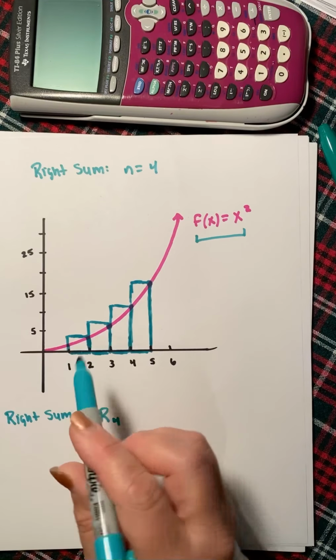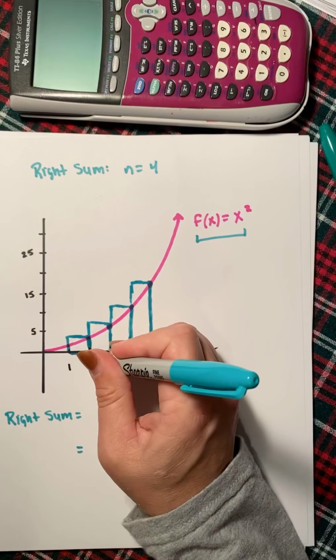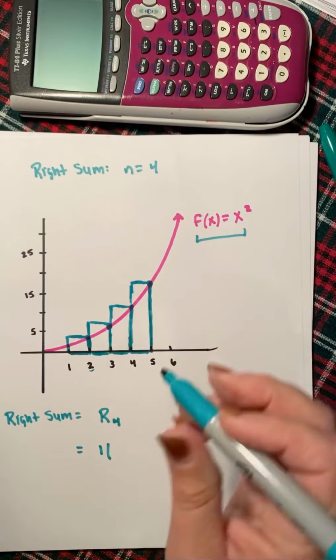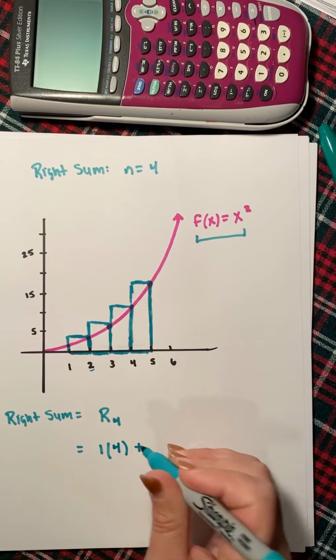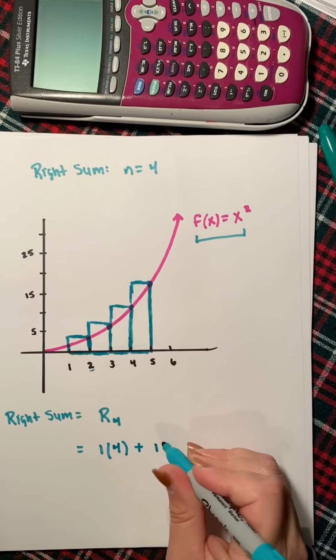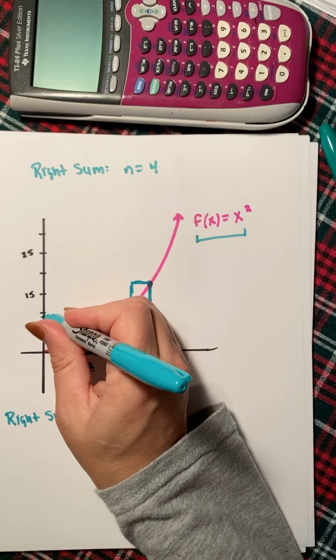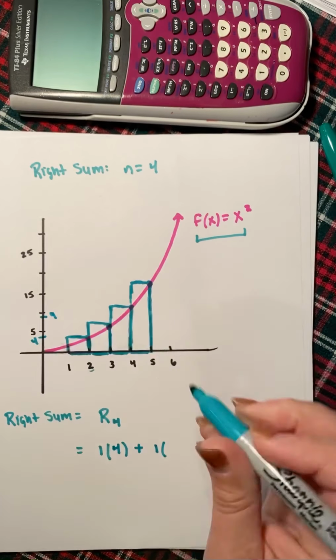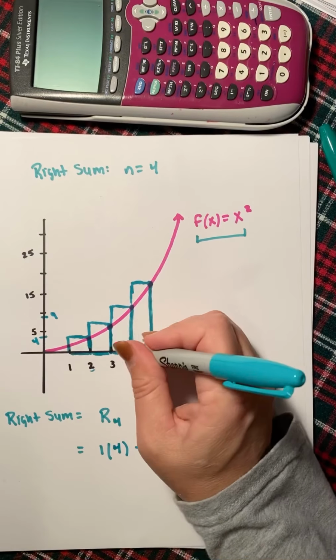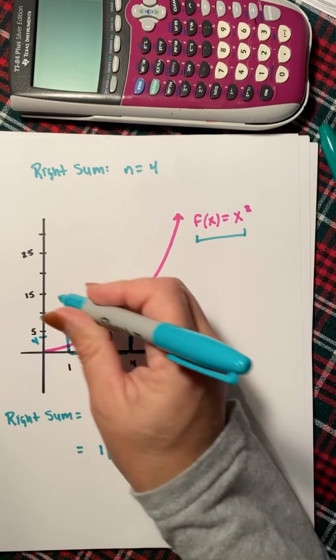So my first base is 1. My first height is determined by the output at the function 2, so it will be 4, plus the second base times the height at the right endpoint. So this one will be 9. This one was 4. The third rectangle has height 16.